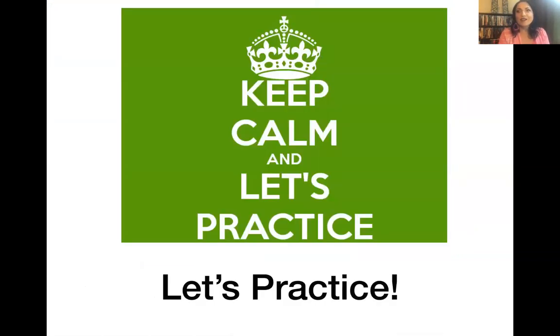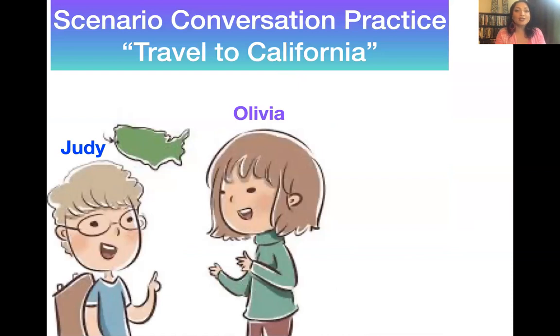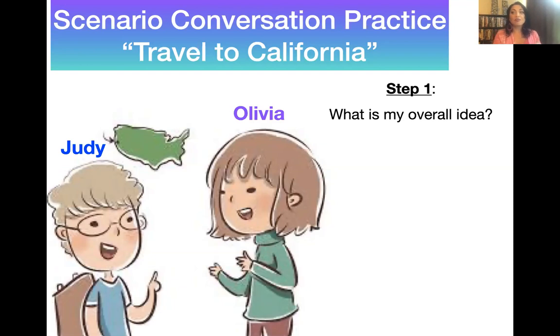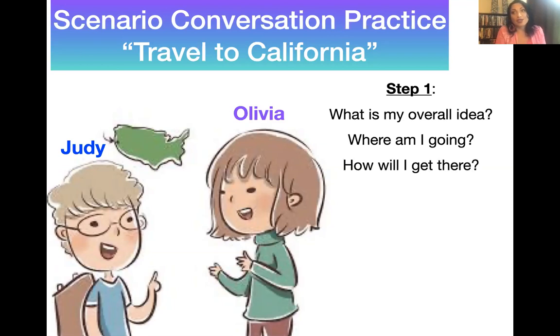And then we did a little bit of practice. We met Judy and Olivia. Olivia wanted to travel to California. So we helped her figure out what are her overall ideas before she starts the conversation. Where was she going? How will she get there? When was she going?